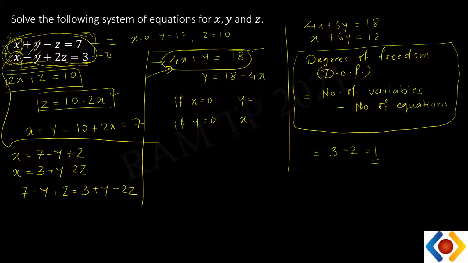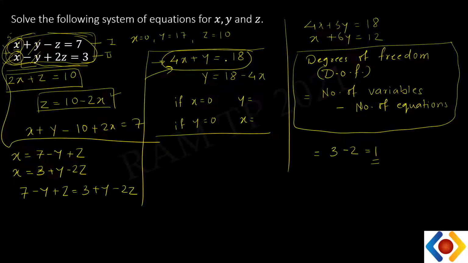That many solutions could be possible. If we are talking about 4x plus y is equal to 18, there are infinite solutions, right? That's what we saw.